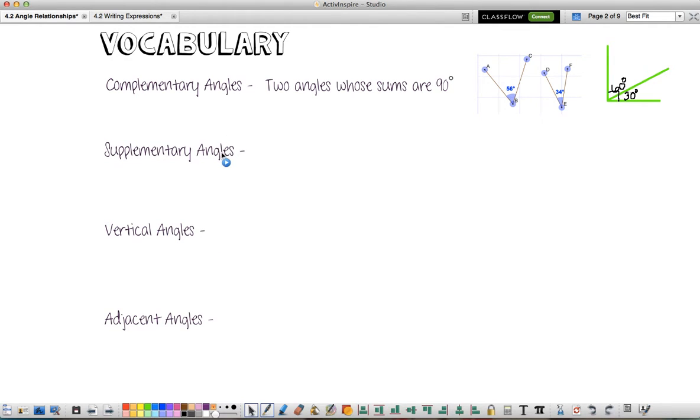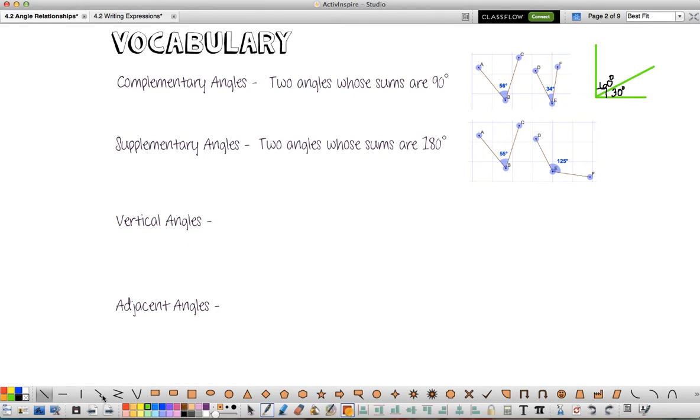Supplementary angles are two angles whose sums are 180 degrees, so they make a straight line. Remember, a straight angle is a 180-degree angle. Again, they do not have to be connected, so here you have 55 and 125. Added together, they give you 180. Or you can have, again, a straight angle, so I'm going to use my straight line tool here.